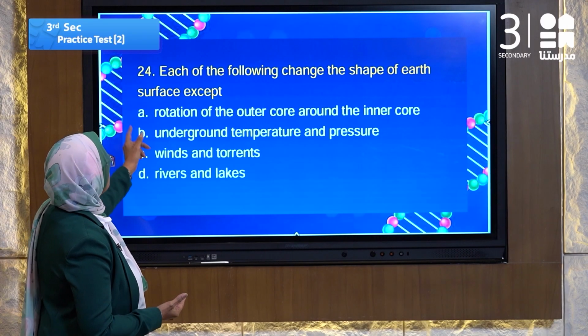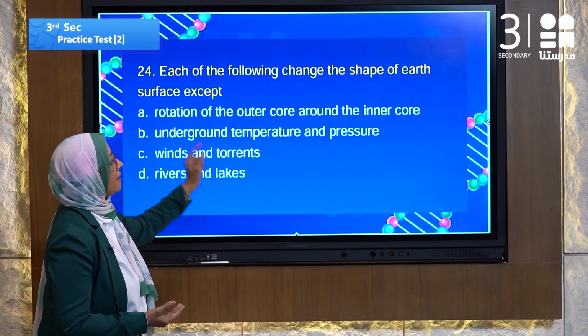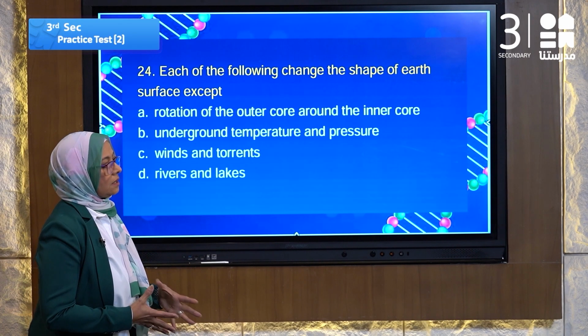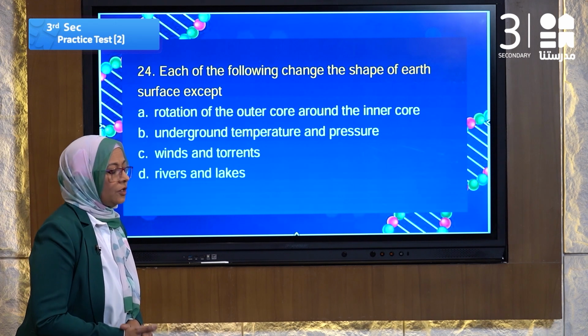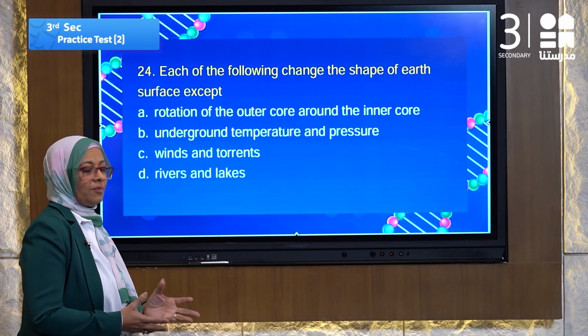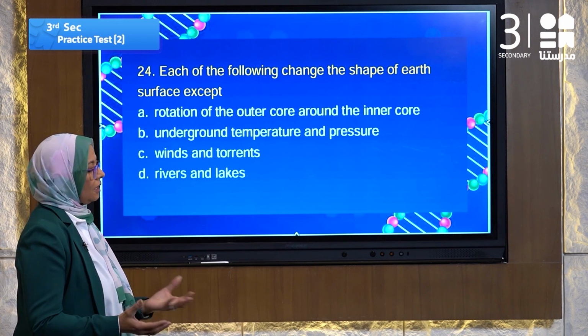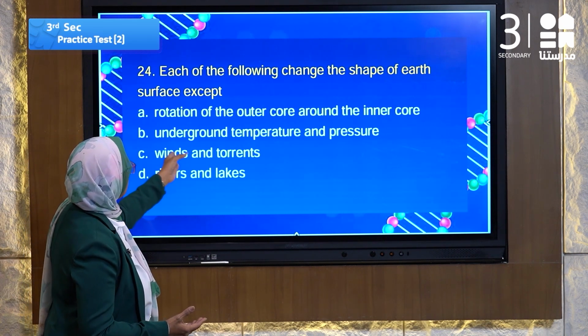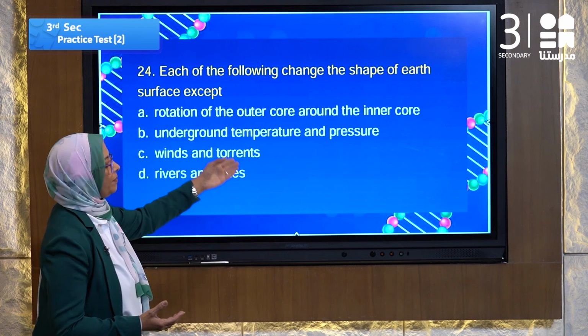A, rotation of the outer core around the inner core. Inside the Earth there are many movements. B, underground temperature and pressure.